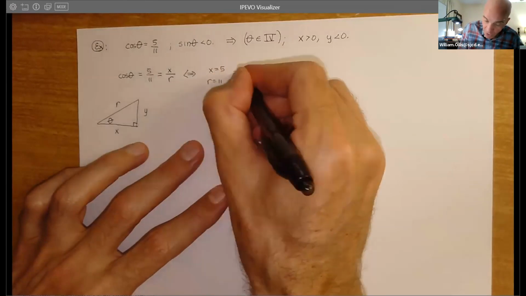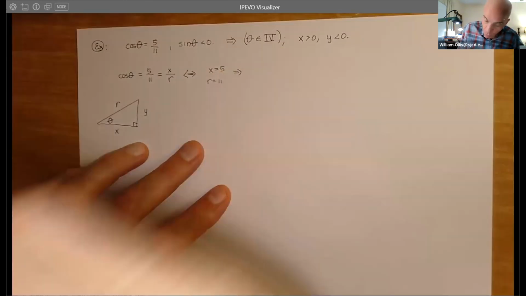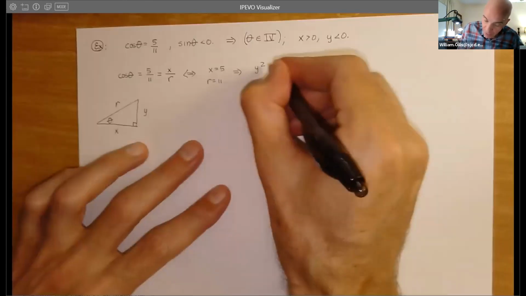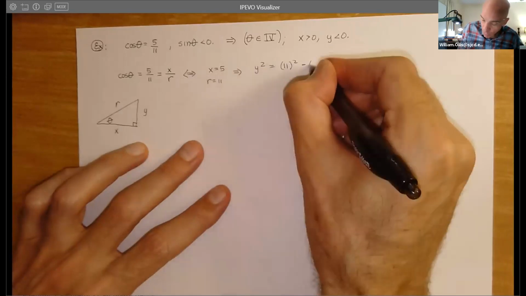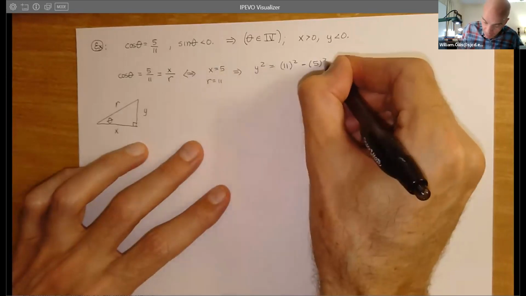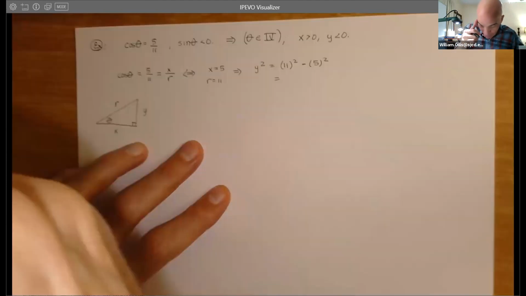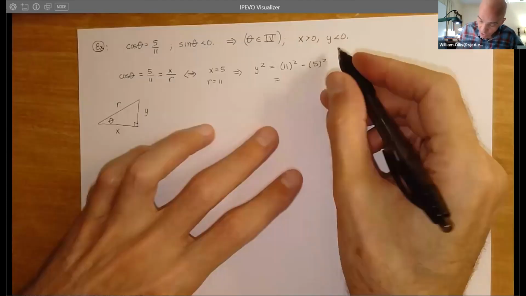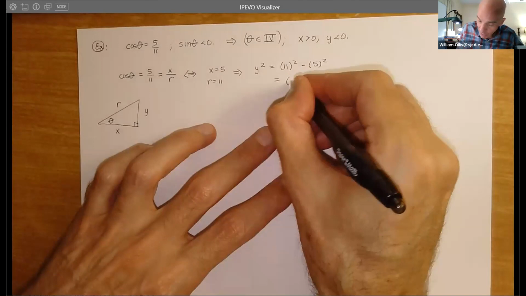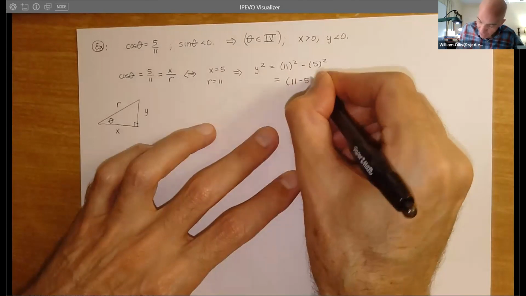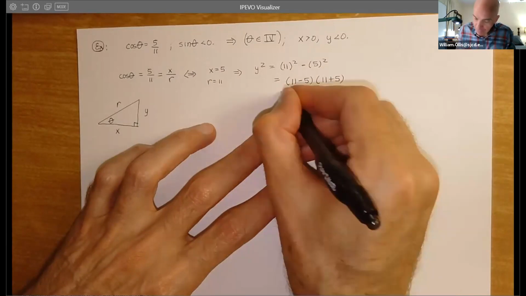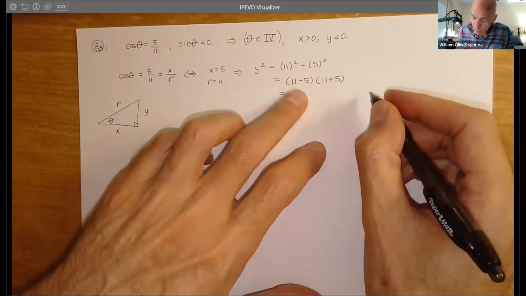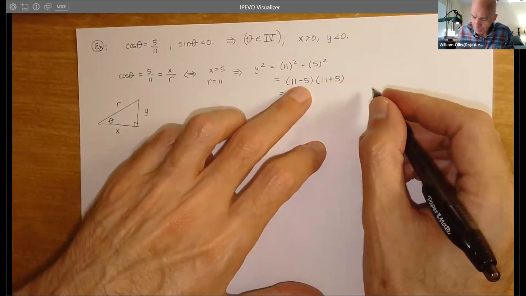So this implies we use the Pythagorean theorem. So y squared equals 11 squared minus 5 squared. So I guess we can use our handy dandy difference of squares just to get practice with it. 11 minus 5 times 11 plus 5. So that's going to be, in this particular case, what?